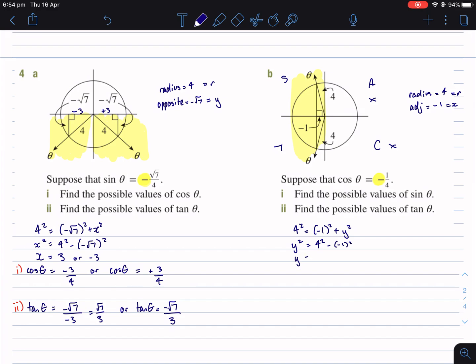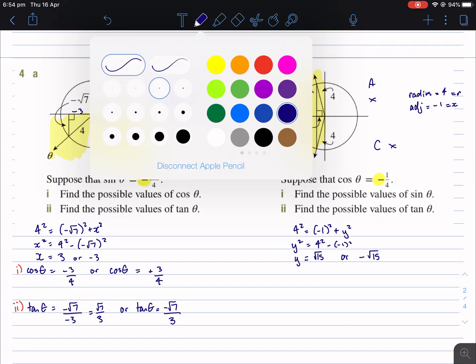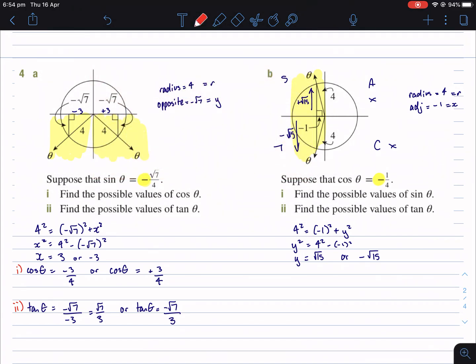So y equals 4 squared take 1, root 15, or it could also be negative root 15 because this one's positive root 15 and down this way it's negative root 15. So we're going to have to do it for both, which is going to give us our two answers in two different quadrants. So let's have a look at question 1.